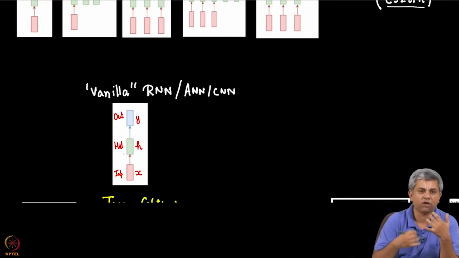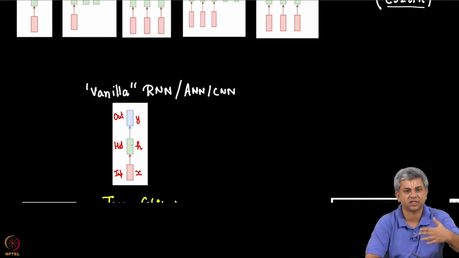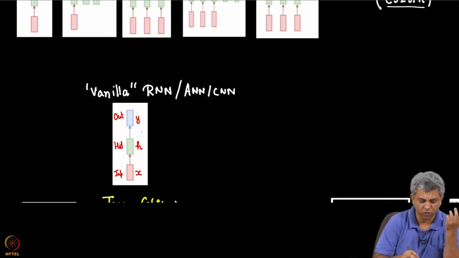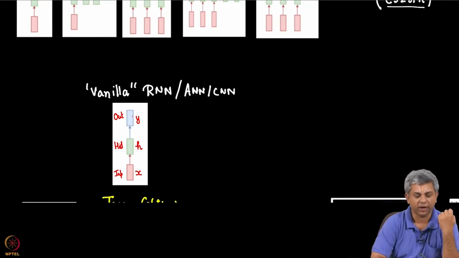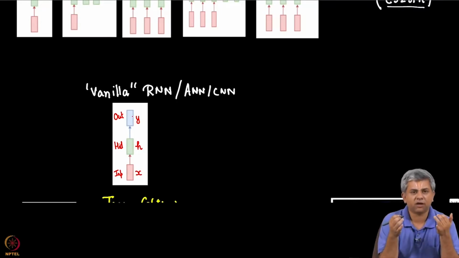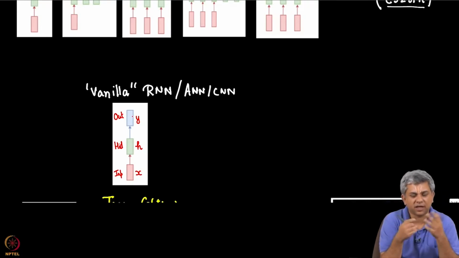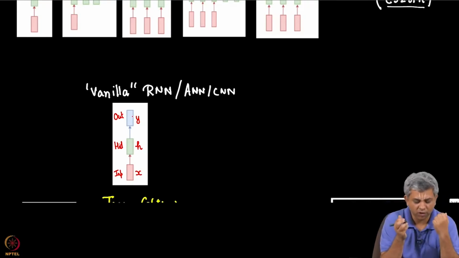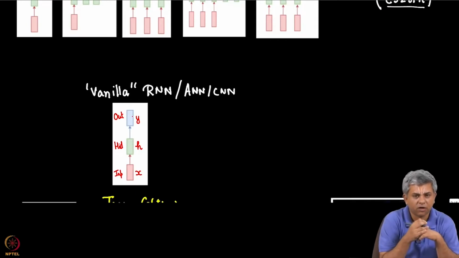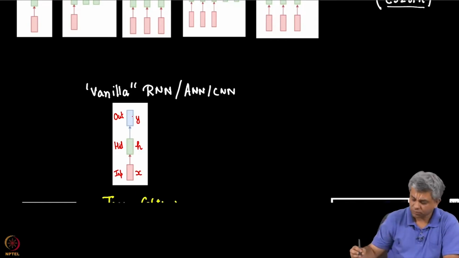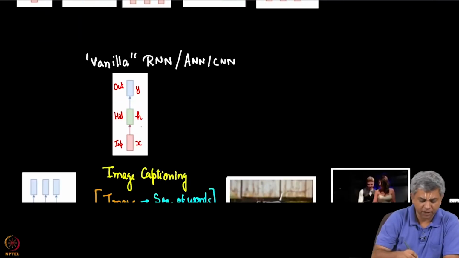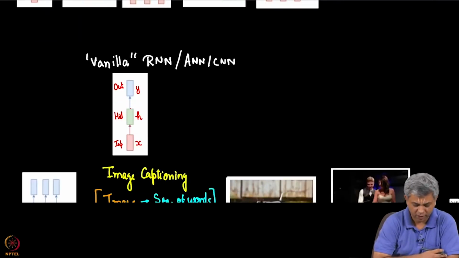You can even think of this H as if it is many layers, but let us assume it is one. So, it is not a particularly good CNN, but let us assume this is simply an ANN with one single hidden layer and you have an output layer. So, whether it is RNN, ANN or CNN, as long as there is only one, you basically can say that all three are equivalent. So, this would be what would be called a vanilla RNN or a simple RNN structure.